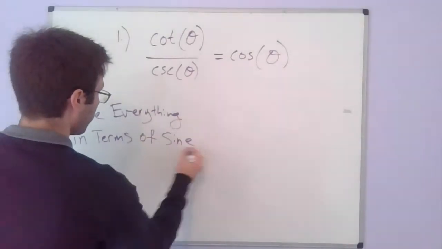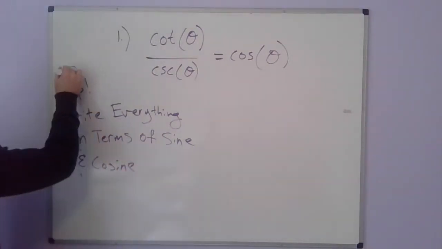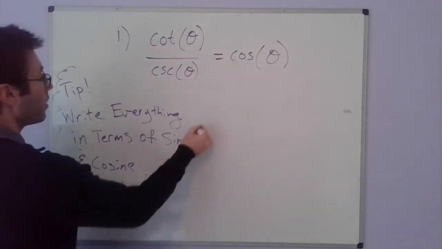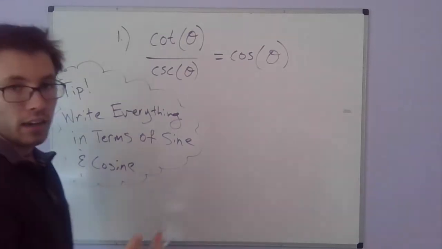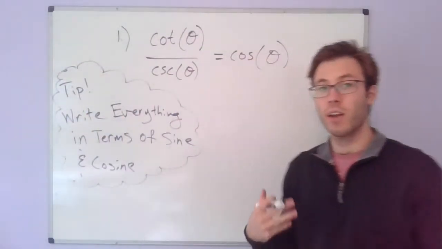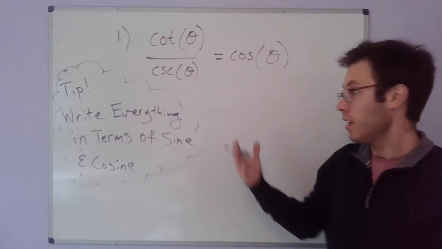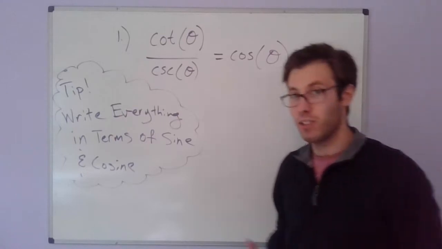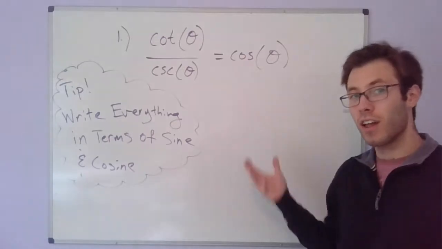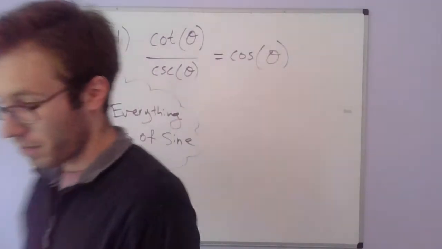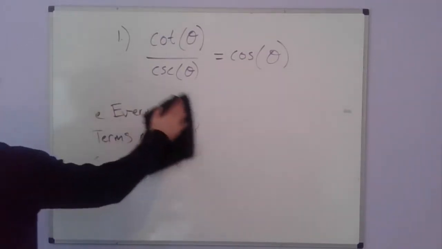Okay, so that's the tip. Write everything in terms of sine and cosine. What this allows you to do is manipulate your equations in a way that will work out at the very end. It just is one of those things that you have to do. You have to write everything in terms of sine and cosine. When you do that, it allows you to prove it nicely. So for number 1, we're asked to prove this result over here.